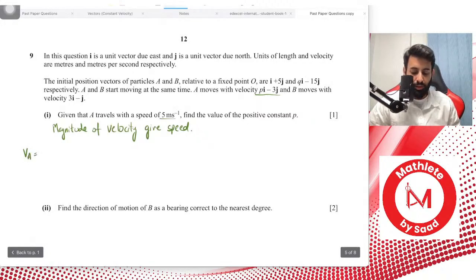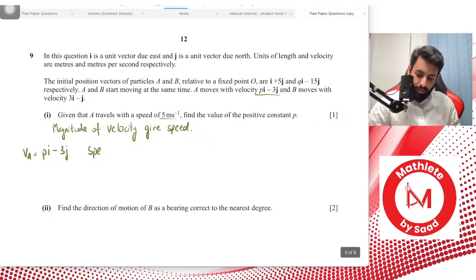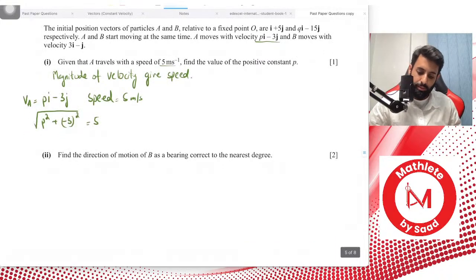VA basically means velocity of particle A. And if the speed is equal to 5, not according to me, but according to the question, that means the square root of p squared plus (minus 3) squared is equal to 5.